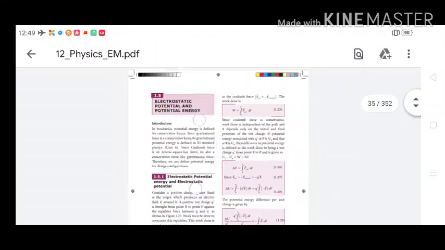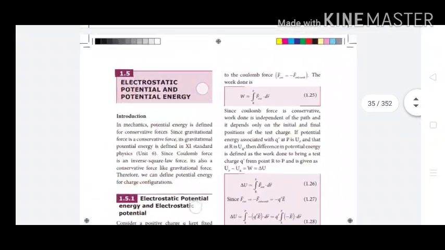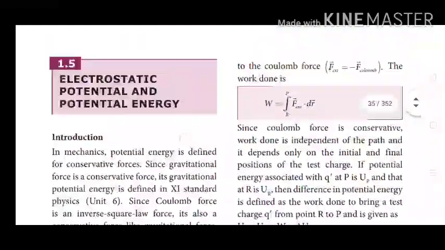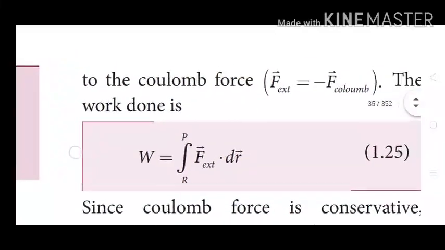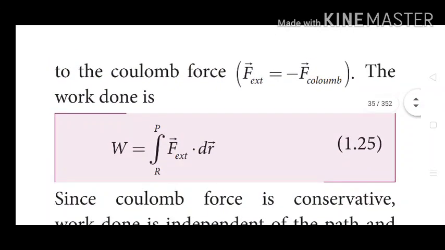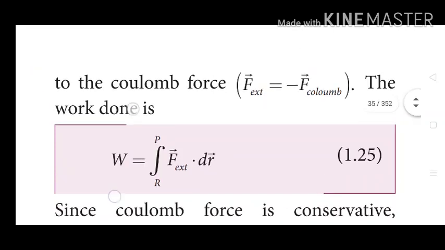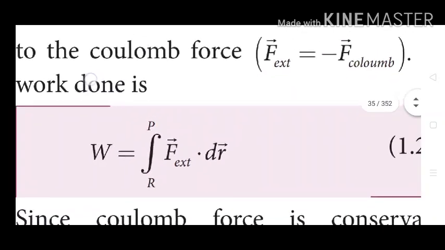That means the external force F vector is equal to minus F Coulomb. The work done W is equal to the integration from R to P of F external dot dr vector.